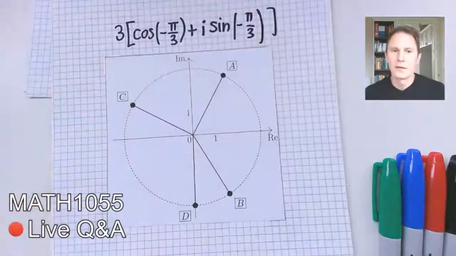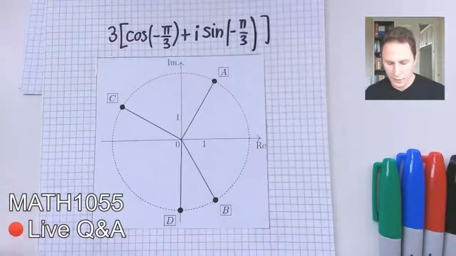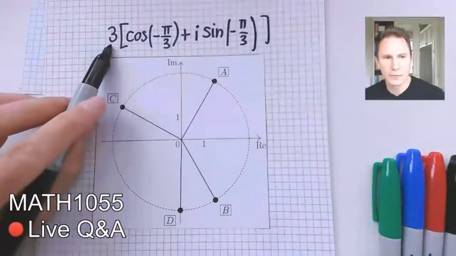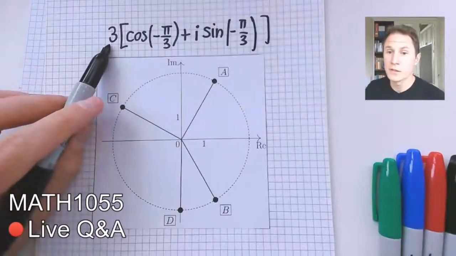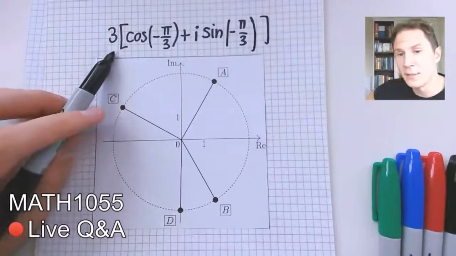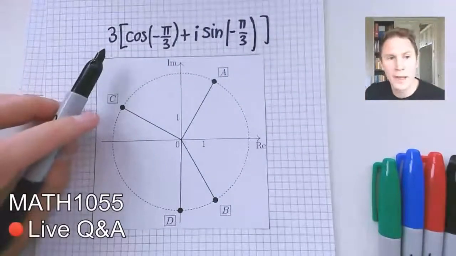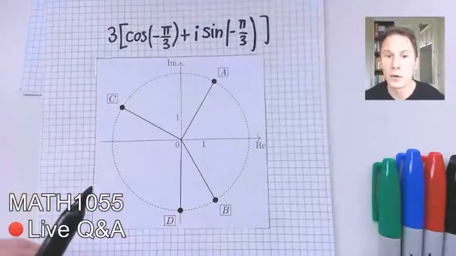Okay, so that was the number that we were looking for. Again, the first factor, 3, is the modulus, or the length of the complex number. It tells you how far away it is from the origin.